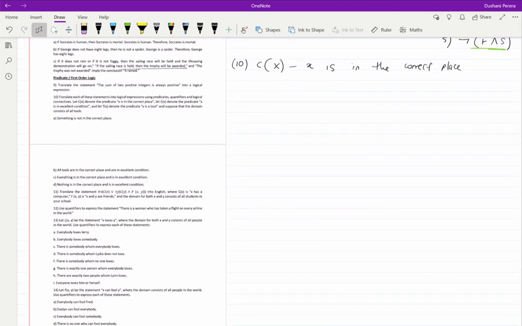And then Ex denotes that x is in excellent condition. And finally Tx suggests that x is a tool.